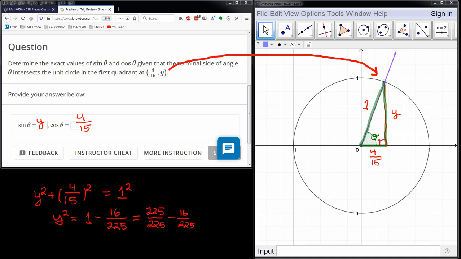The hardest part here: what's 225 minus 16? Like 209? So that's 209 divided by 225. That's what y squared is equal to.